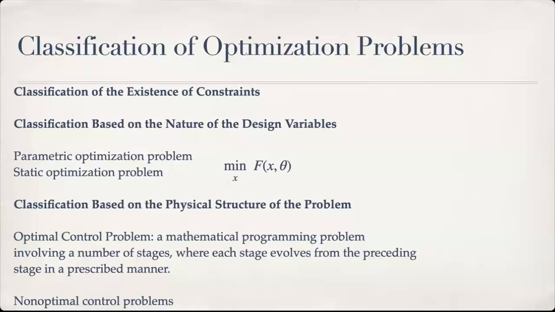Another thing is the parametric optimization problem or static optimization problem. We minimize the objective function, right? Then our objective function is a function of this variable and another variable, which is not adjustable, but is not static.